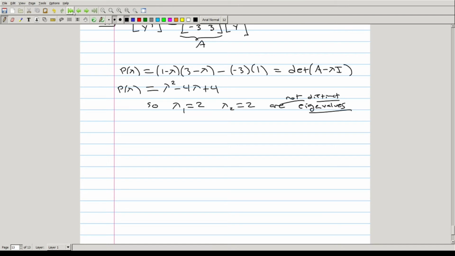Nonetheless, you can go through and calculate m 0, which is just I, and m 1, which is A minus lambda 1 times I, or A minus 2I, which is the matrix negative 1, 1, negative 1, 1.